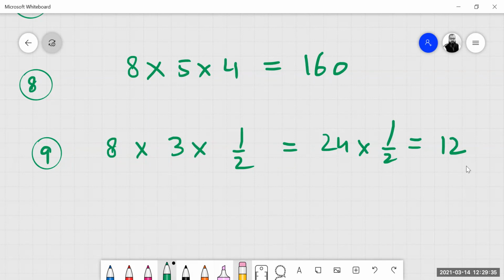What will be the unit here? Centimeter cube. And what will be the unit here? Meter cube. Like this.